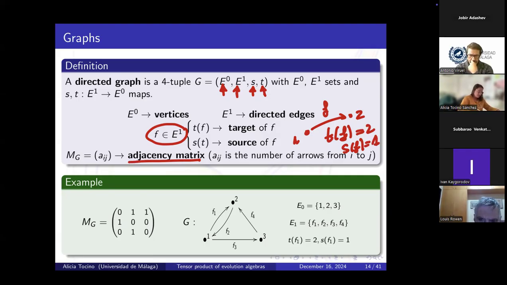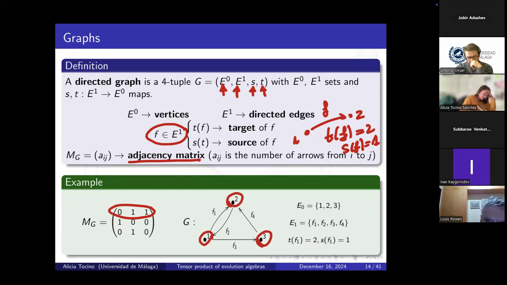So in this example, we have the adjacency matrix, and this row represents that from vertex 1, there is an arrow that goes to vertex 2 and vertex 3.